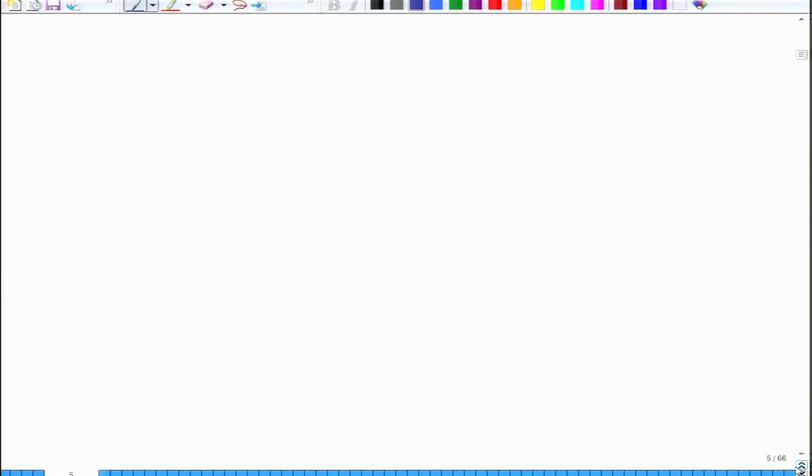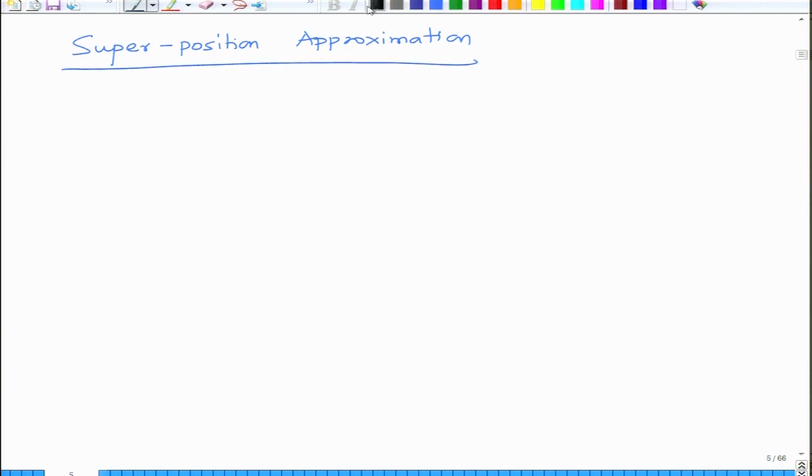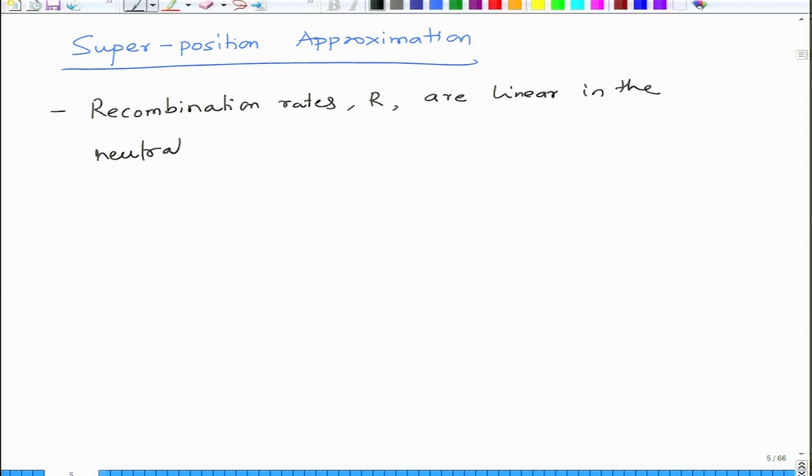The next approximation is called the superposition approximation. This basically means that the recombination rates, Rn or Rp, are linear in the neutral regions.